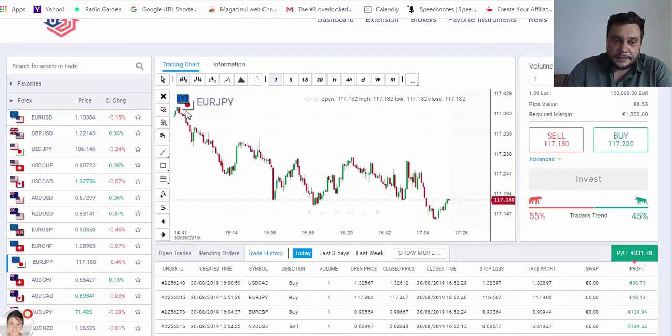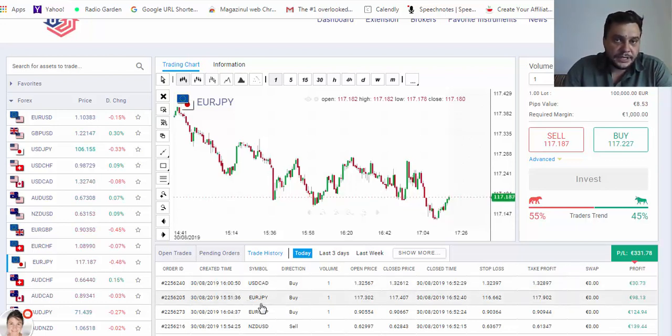Now let's have a look at what happened with every trade. We have here US dollar, Canadian dollar, which was a buy, and the open price was 1.32567, and the close price 1.32612, and a profit of 30.73 euro.